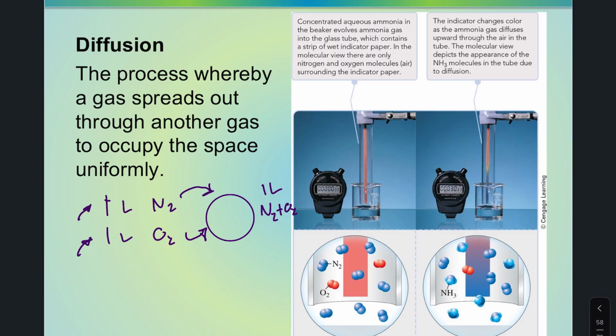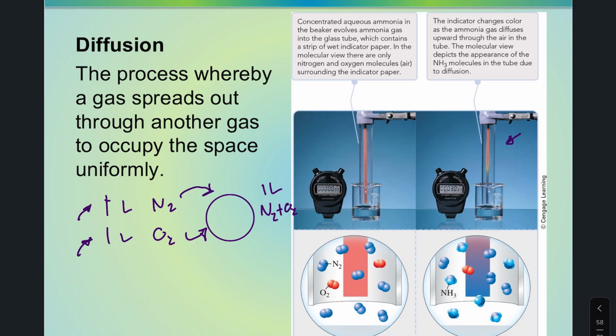So concentrated aqueous ammonia in the beaker evolves ammonia gas into a glass tube, which contains a strip of wet indicator paper. In the molecular view, there are only nitrogen and oxygen molecules in the air surrounding the indicator paper. The indicator is going to change color as the ammonia diffuses upward into the air. So this is a closed container where the volume is not changing.